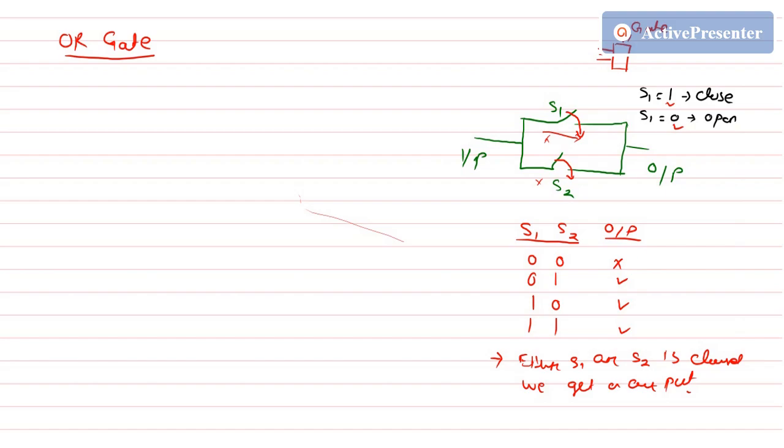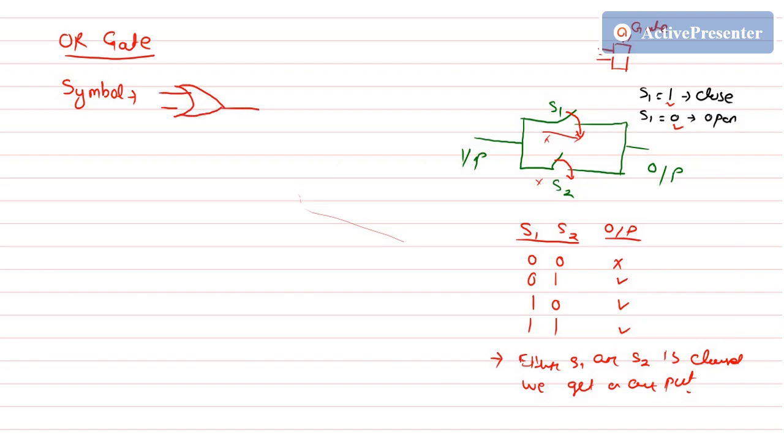Now, how can this OR logic be implemented in digital electronics? In digital electronics, we have a symbol for the OR gate, and that symbol is this. So this is your OR gate.